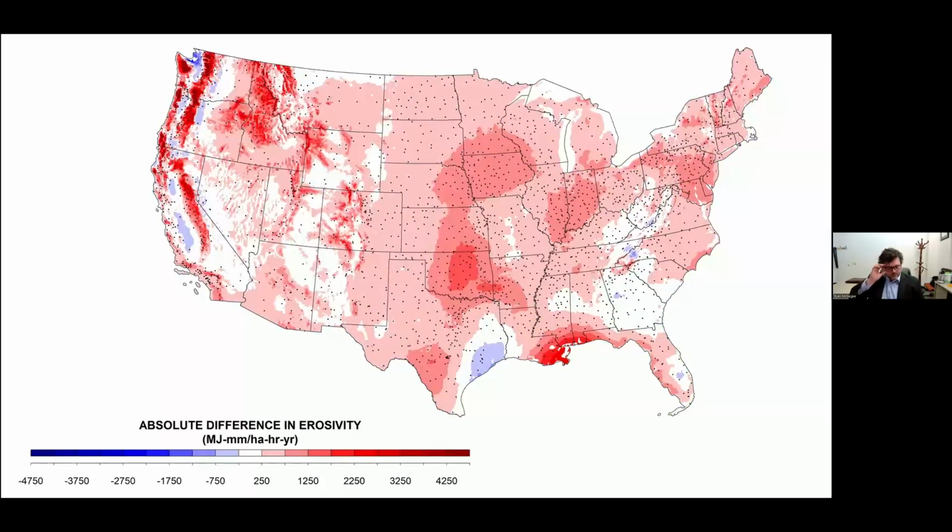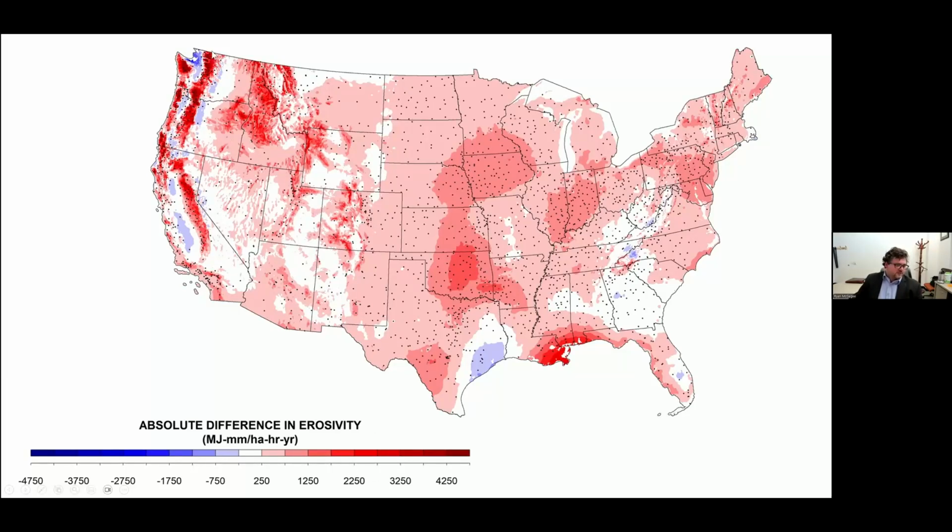So what is the difference between the existing map and what I just showed you, which is one of the more recent ones for the US? And here's the absolute difference in erosivity. This doesn't have a whole lot of meaning to most people, so I'm going to show you a relative difference on the next slide. But I want you to see that largely there are not huge changes in erosivity.